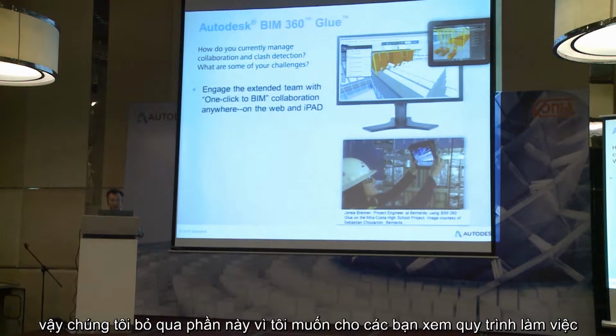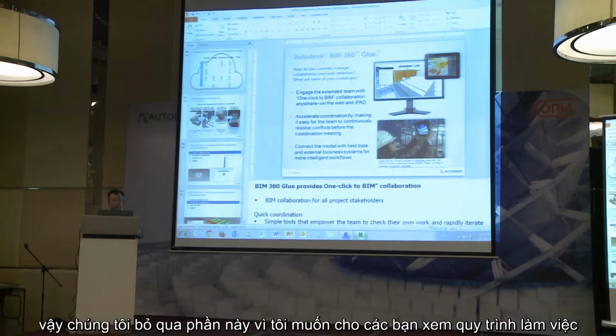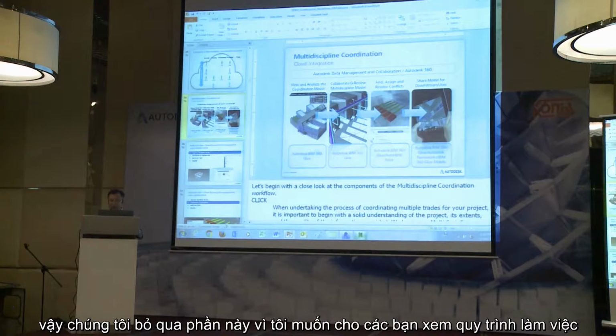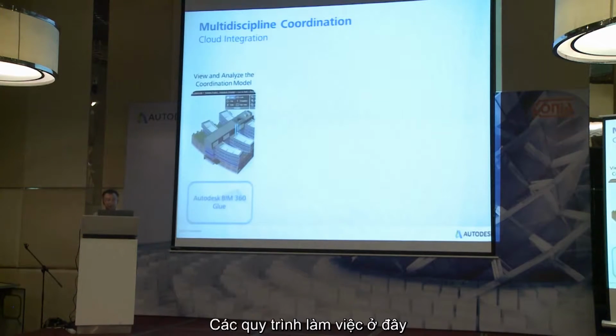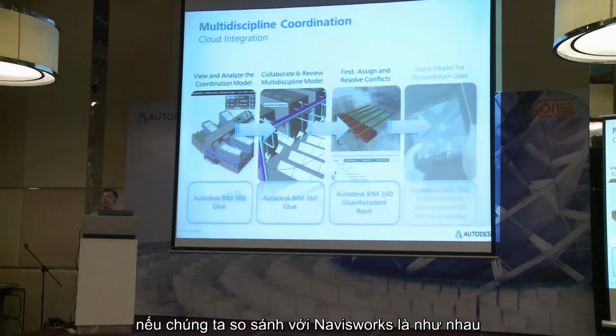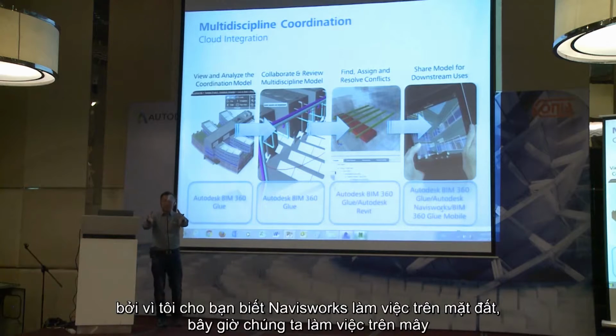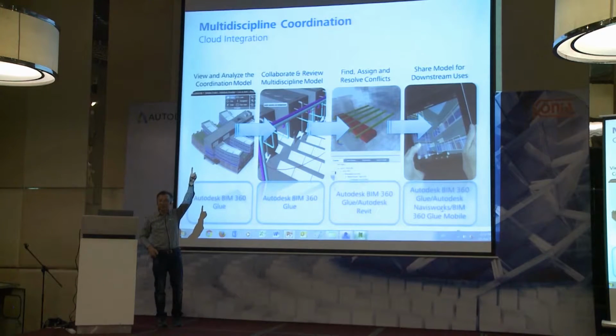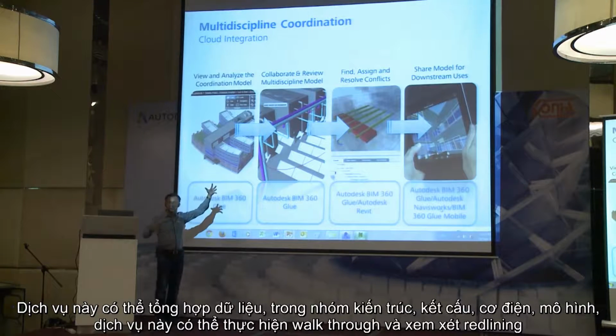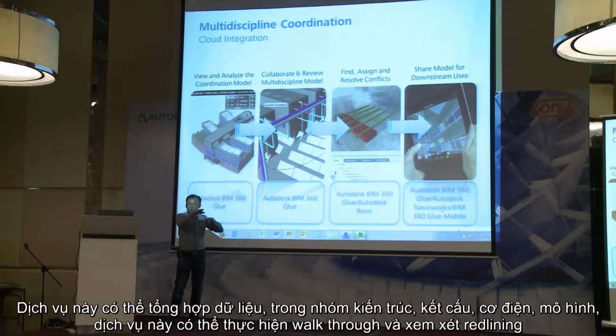So I will skip this so you can see the workflow. The workflow here, if we compare with Navisworks, is the same. Because I showed you Navisworks on earth, now we're working on cloud. It can aggregate data, bring in the architect, structure, MEP models. It can do the walkthrough and redlining review.